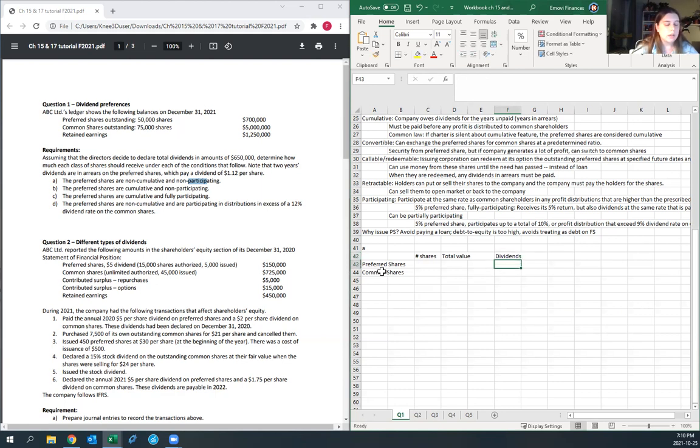You can get it by dollars, like we did here, it's 1.12, or you can get it as a percentage, which we're going to calculate a little bit later. So preferred shares have 50,000 shares, for a total value of $700,000. And common shares, it's 75,000 for $5 million. So the amount of dividends is $650,000, this amount here.